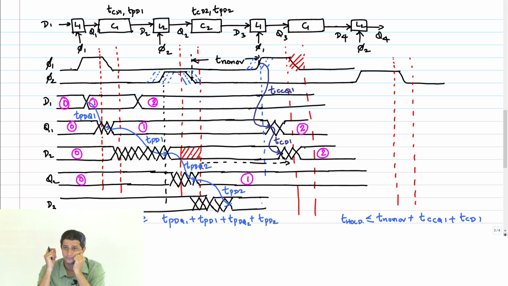Yeah, it does, exactly like how it would affect my earlier thing. I would simply add skew here. Correct? Because now my hold window has moved to the right. If there is skew, this hold window would have moved here.